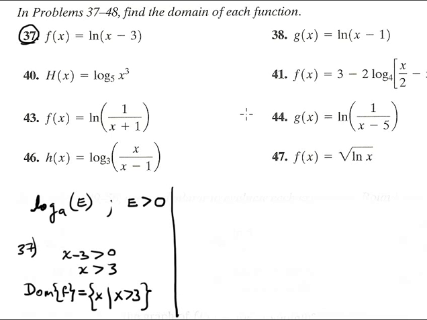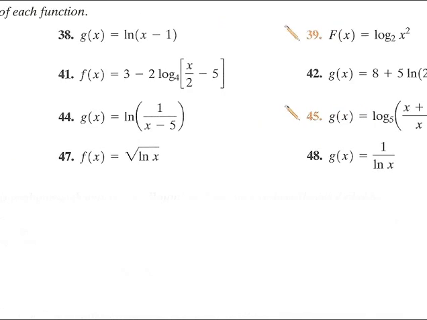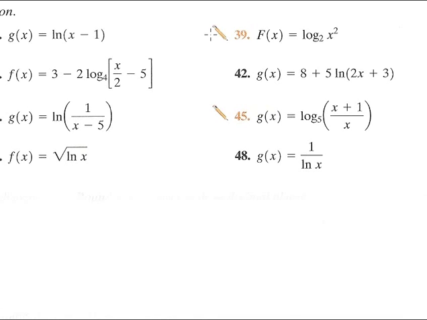Now, the next one is 39. Okay, 39 is exactly the same idea. You take the expression inside, because x squared must be positive. So in this case, we have a polynomial inequality, right?